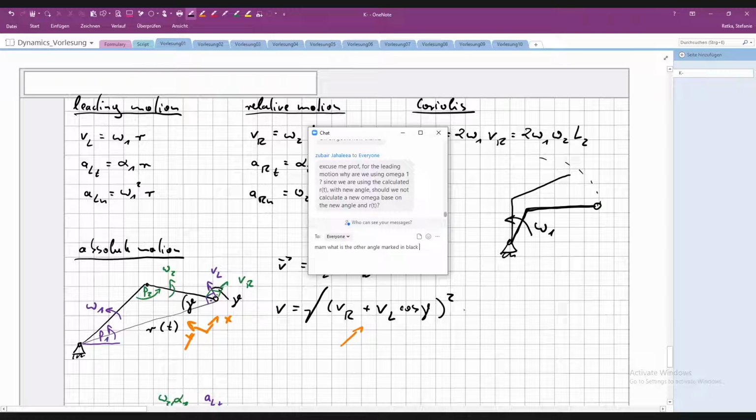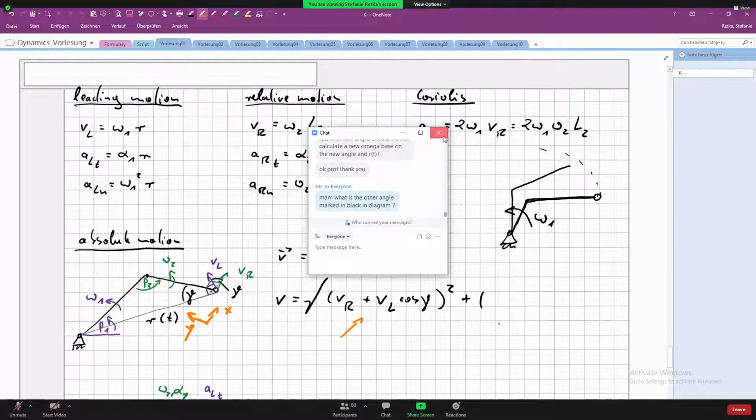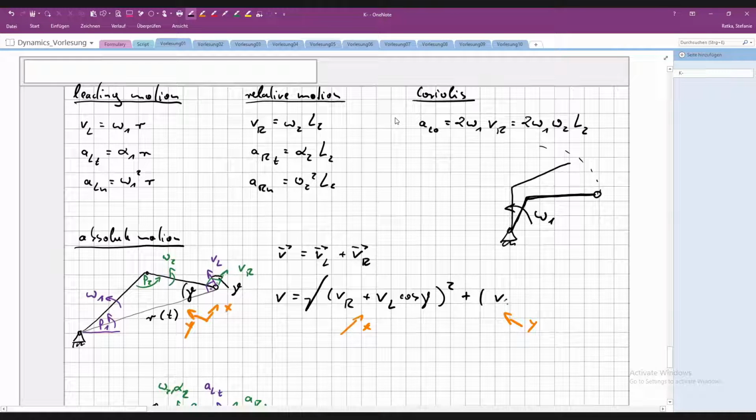Okay, and then, so that's X. For Y direction, we only have to consider the component of the leading velocity, VL sine gamma.